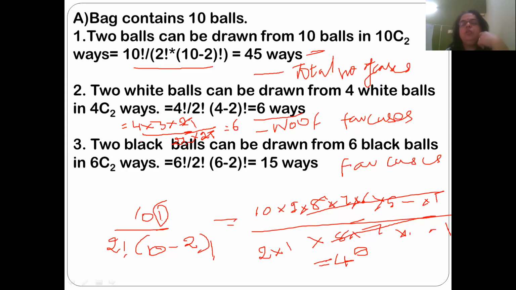That is what we have got as the number of favorable cases. 2 black balls can be drawn from 6 black balls in 6C2 ways. That is 6 factorial by 2 factorial into (6 minus 2) factorial. So 6 into 5 into 4 factorial divided by 2 factorial into 4 factorial. 6 into 5 by 2 into 1, that is 3 into 5, 15 ways.